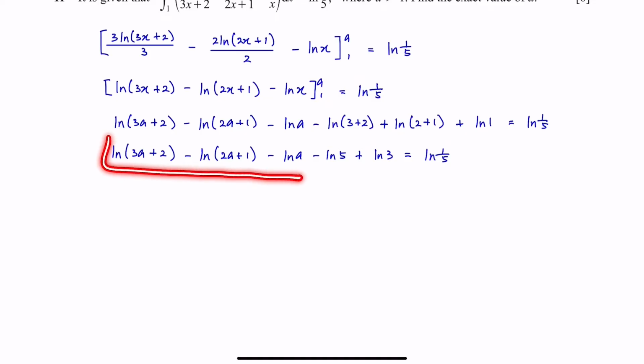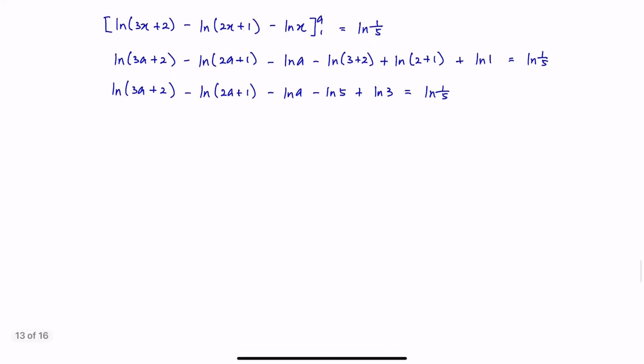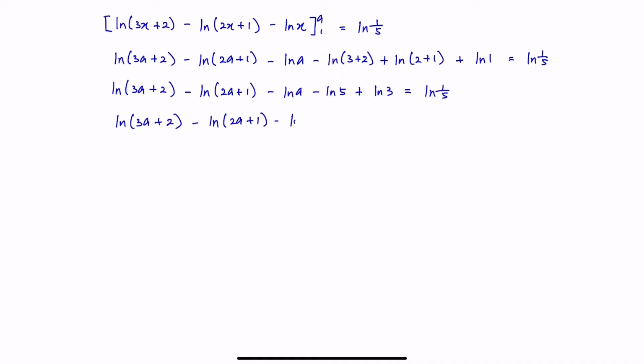We group this at the left side, and we group this on the right side. Separate the a's and the constant terms. So we have ln(3a+2) minus ln(2a+1) minus ln a equals ln(1/5) plus ln 5 minus ln 3.